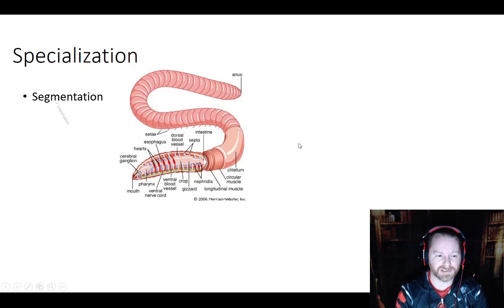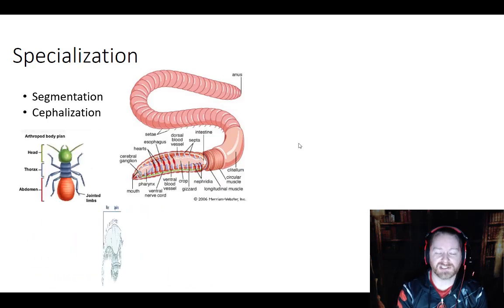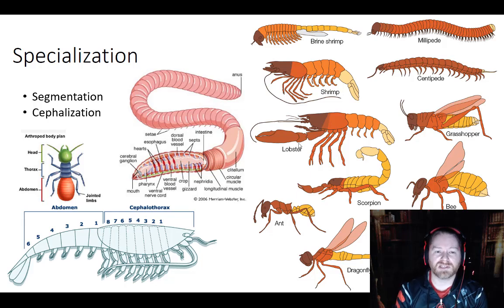Another big thing we'll see that's a common theme with animals is the concept of cephalization. Cephala means head, and not all species of animals have heads or even have segmentation. Some of them don't have a distinct head or a distinct tail.